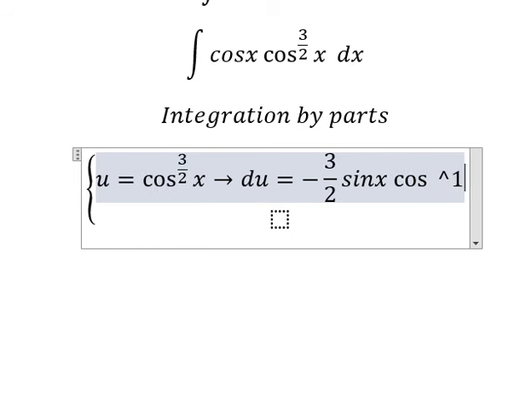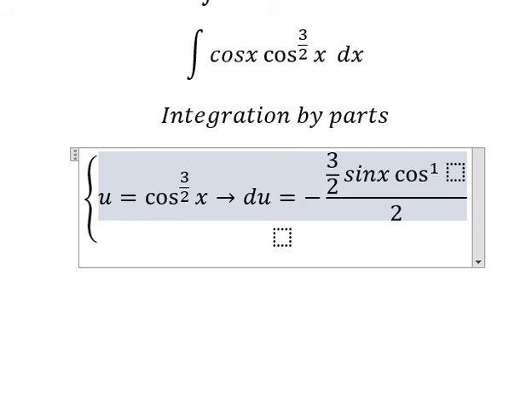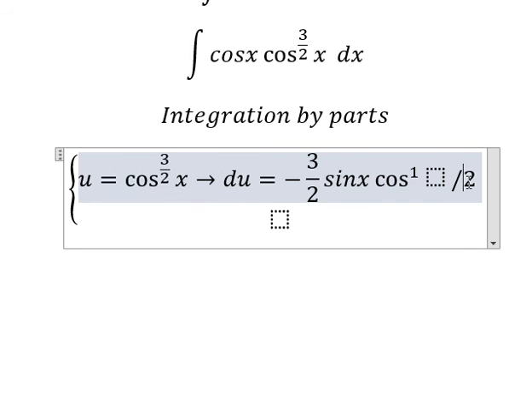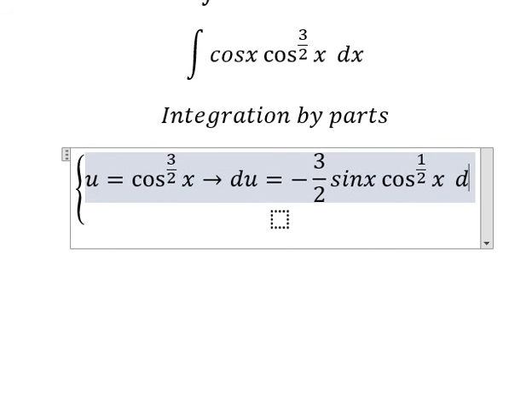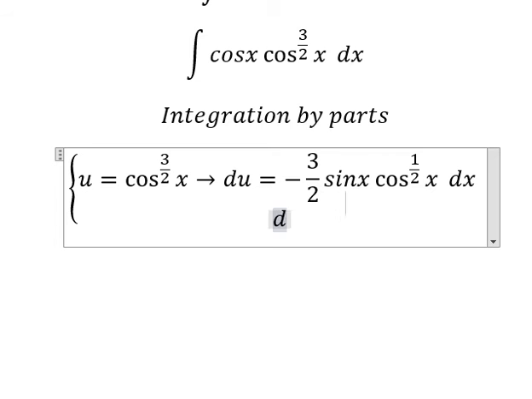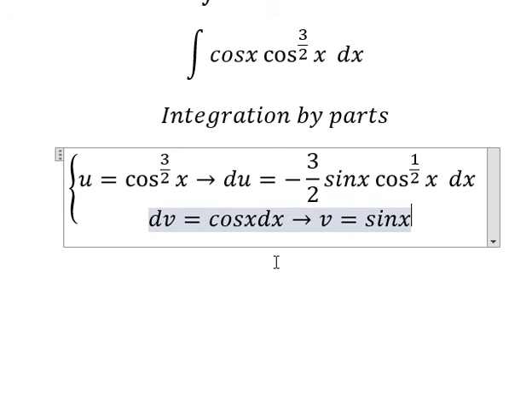So we have 1 over 2. Next, about dv, that is cosine s. The integration of cosine s, we have v equals sine s.